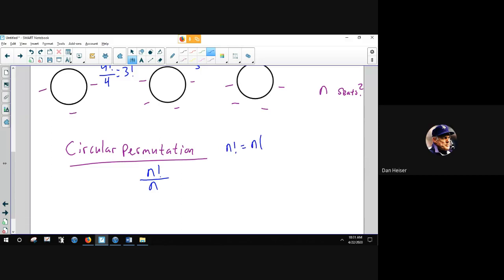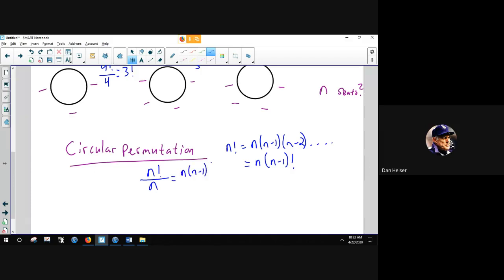Well, that's n times n minus 1 times n minus 2, and so on, which you may recall is n times n minus 1 factorial. Because if I start the factorial here, n minus 1 factorial is just n minus 1 times n minus 2 and so on. I just took the n out of the chain.